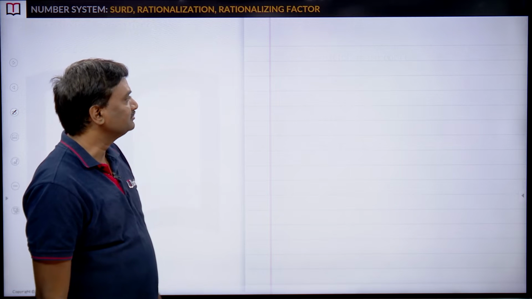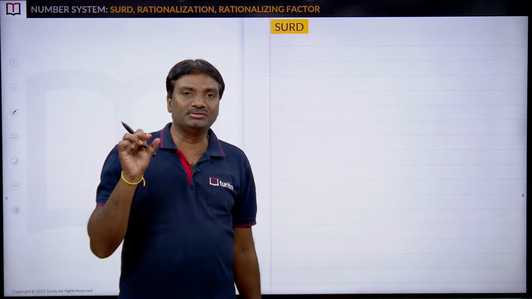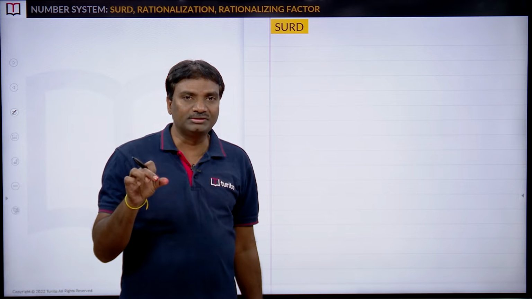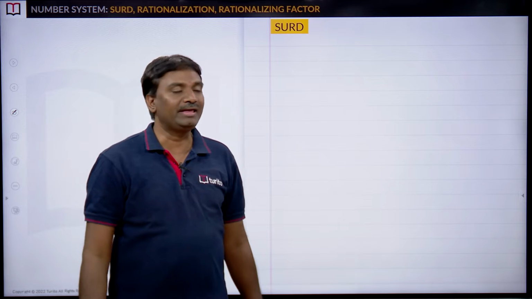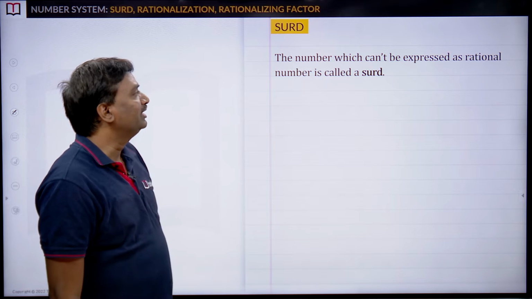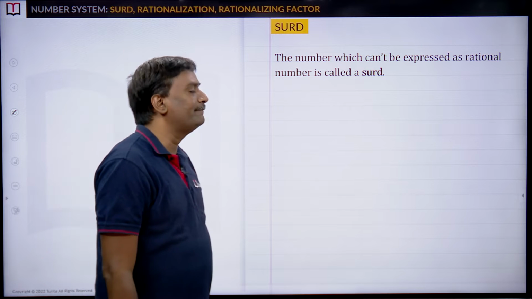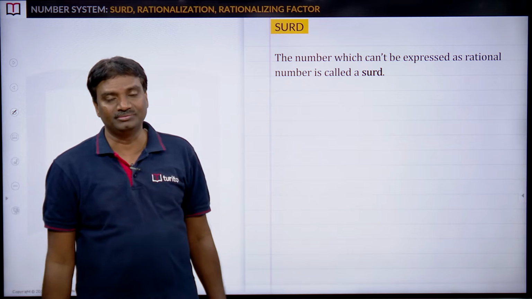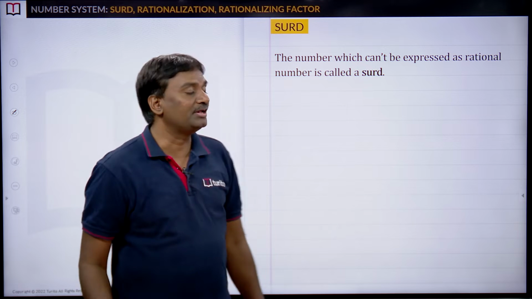Okay, first, let us discuss surd. This definition and this concept surd is a very important concept. That is why listen carefully. Surd means the number which cannot be expressed as a rational number is called a surd. A number which cannot be expressed in the form of a rational number.